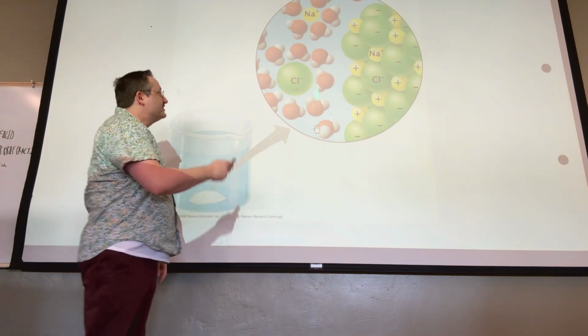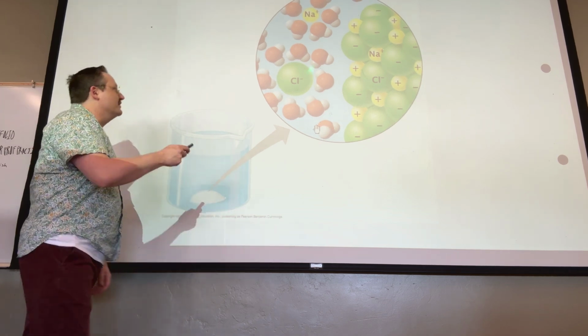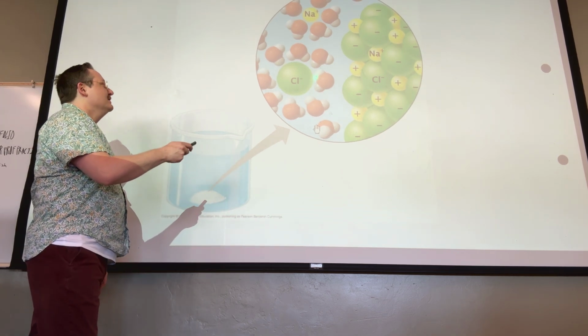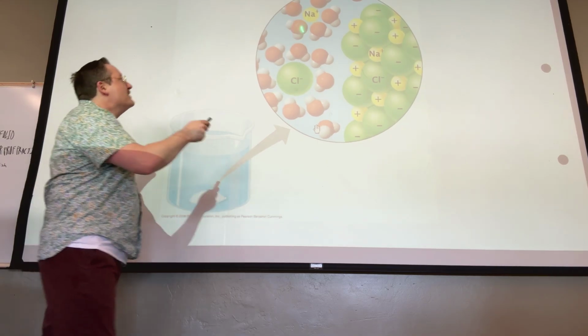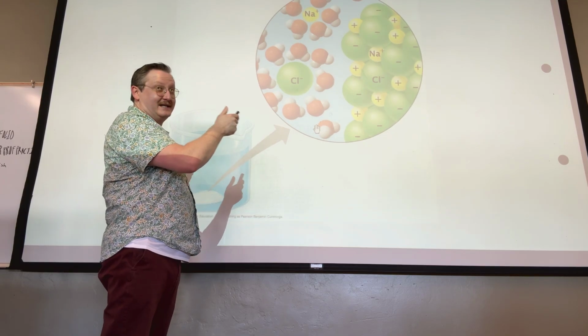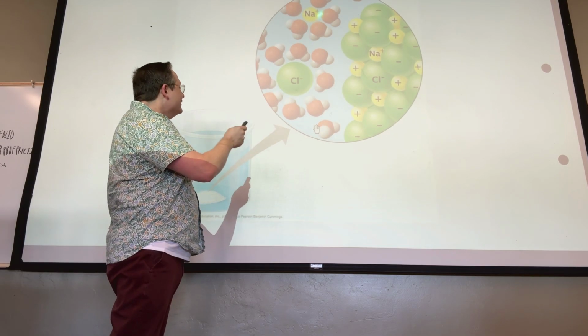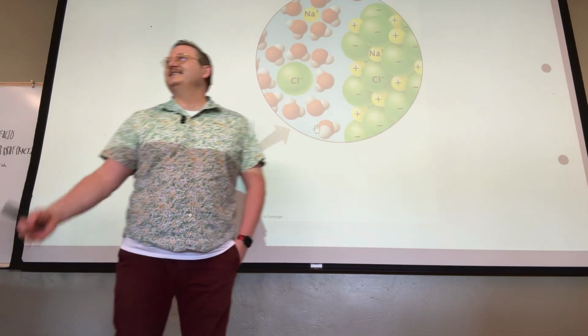The partially positively charged portions of the water molecule, the hydrogen regions, will interact with the negatively charged ion, and the partially negative charged pole of the water molecule, the oxygen side, will interact with the positive ions.